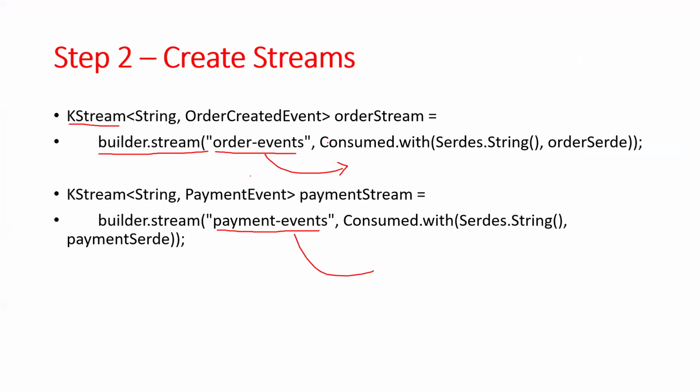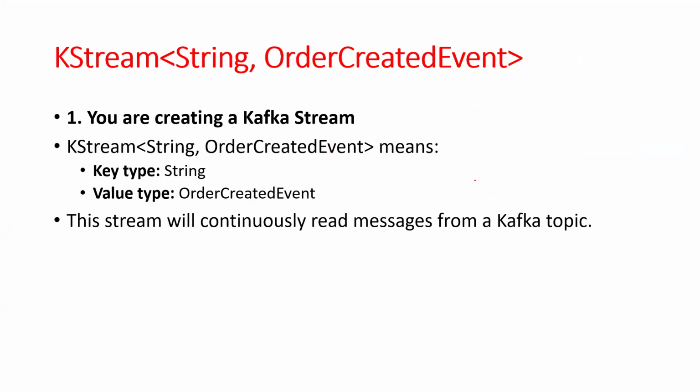So that's why, see, consumed with... Now this is your order ID and this is your object. From the other object, you are getting the order ID. Now consumed with the payment event, the payment object, and it will be converted into two objects here, the order stream and the payment stream here.